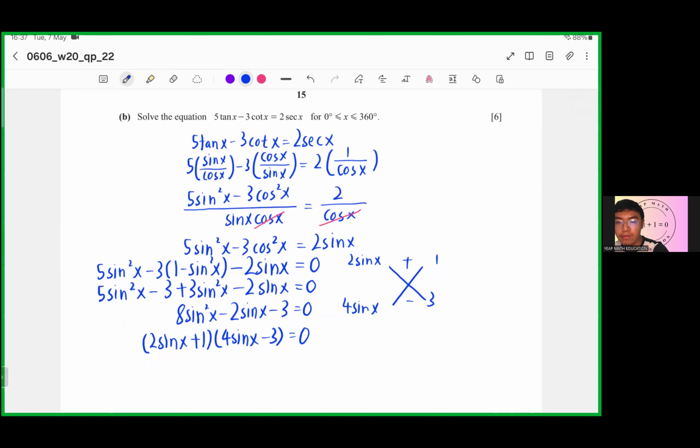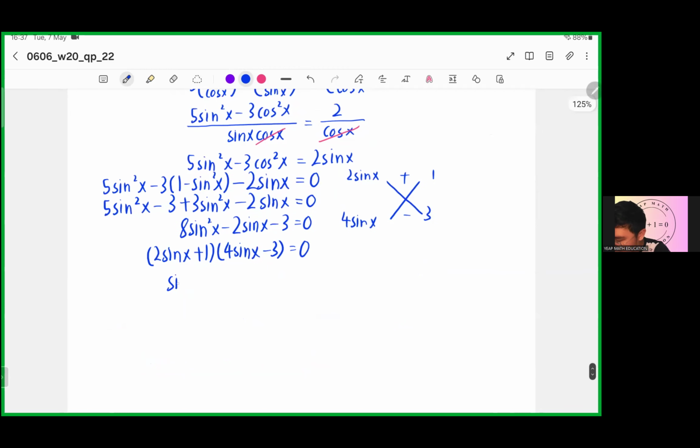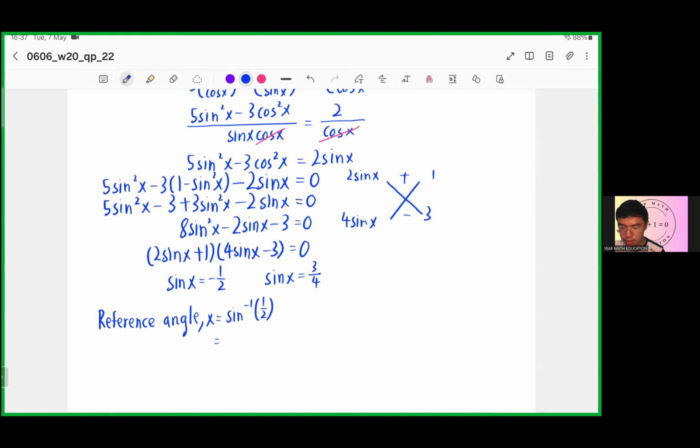Now we can find this. So I get sine x equals negative 1 over 2, and the other is sine x equals 3 over 4. Now we find the reference angle first. Sine, 1 over 2, so let's see the value. 30 degrees.